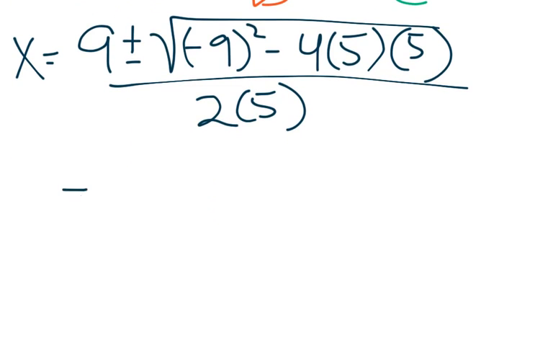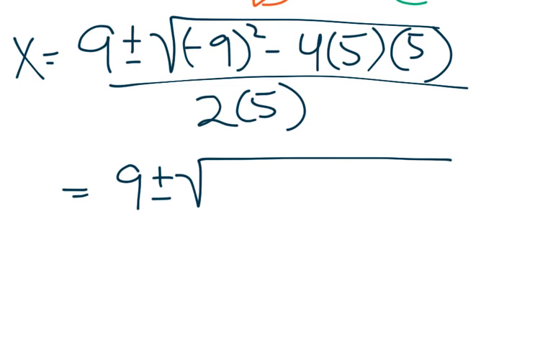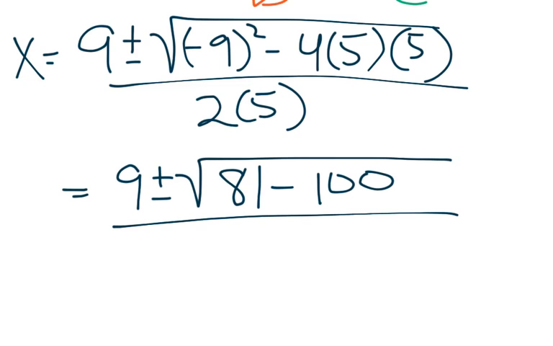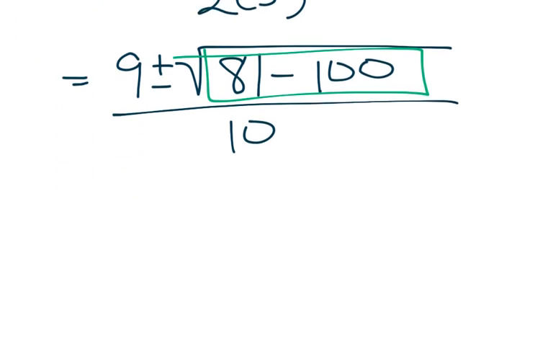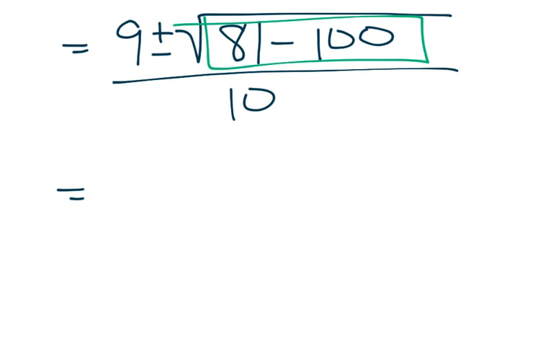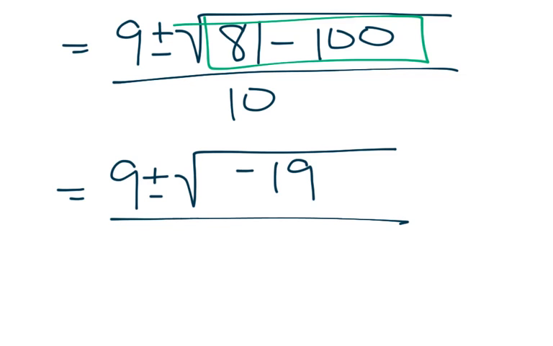So now we have 9 plus or minus the square root of negative 9 squared, which is 81, minus 4 times 5 times 5, which is 100, over 2 times 5, which is 10. So now we are going to subtract 81 minus 100. So we have 9 plus or minus the square root of 81 minus 100, which is negative 19 over 10.